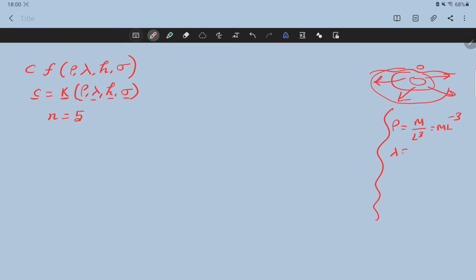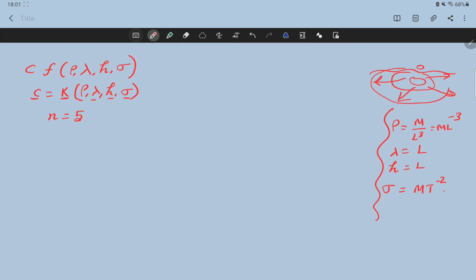Lambda is nothing but wavelength, L. Height h is L, and similarly surface tension sigma is nothing but m t power minus 2, yeah.